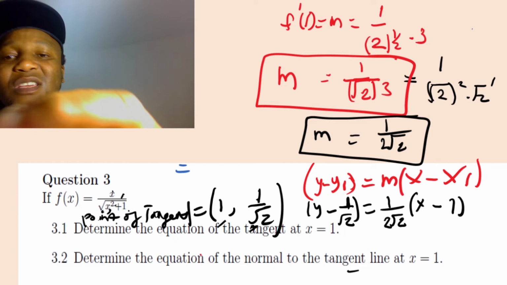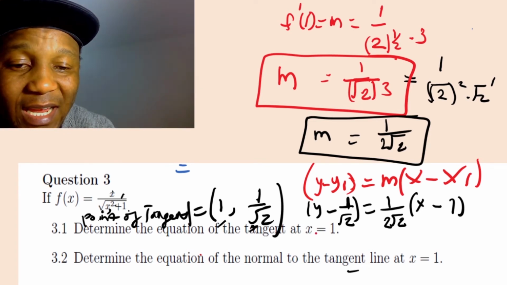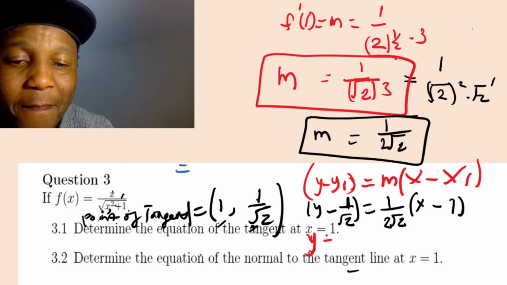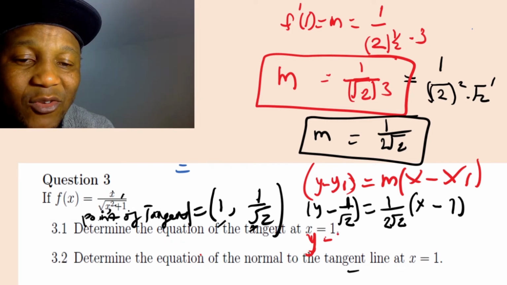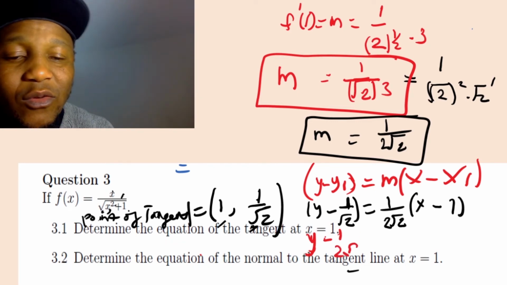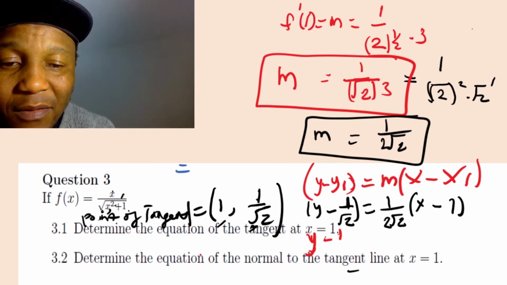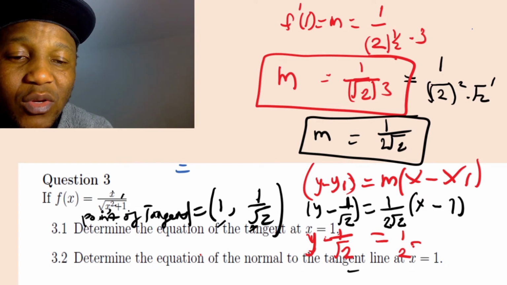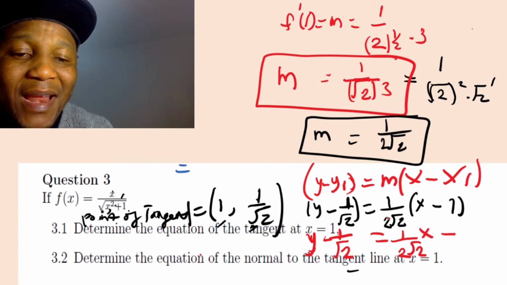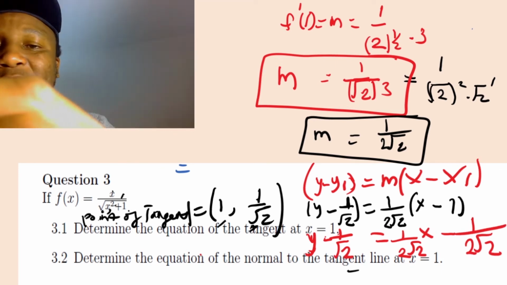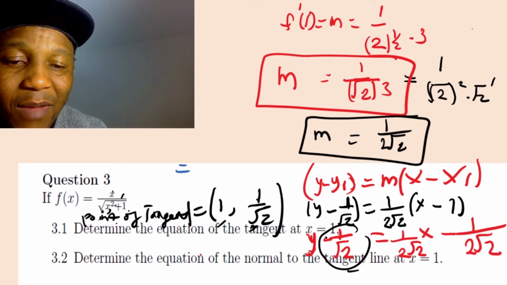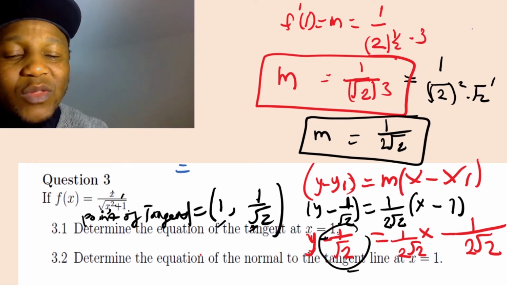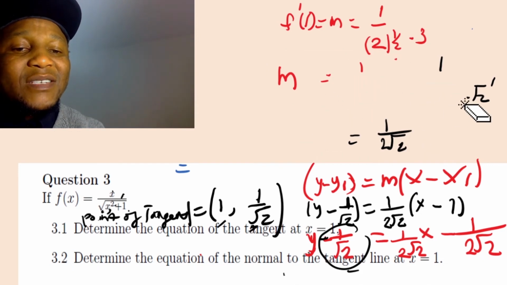If for 1, I can rearrange. The equation of the tangent is equal to y. Okay, I can multiply this out. So it's going to be 1 over square root of 2 equal to 1 over 2 square root of 2 x minus, multiply that out, 1 over 2 square root of 2. So what we're going to do now, we're going to take all of these, minus that one to the positive. So then it's going to become y equal, oh, space is not enough. Let me erase here on top.